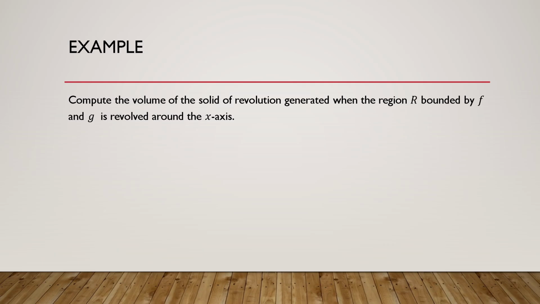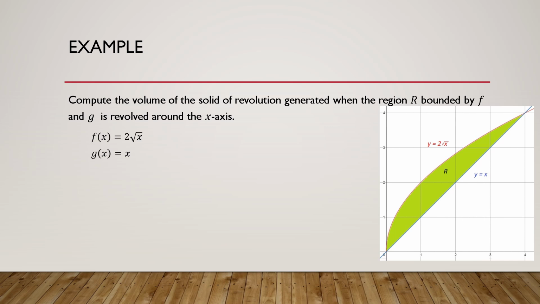For example, compute the volume of the solid of revolution generated when the region R bounded by f of x equals 2 times the square root of x and g of x equals x is revolved around the x-axis. Remembering that the volume equals the integral from a to b of pi times the quantity of f of x squared minus g of x squared dx.